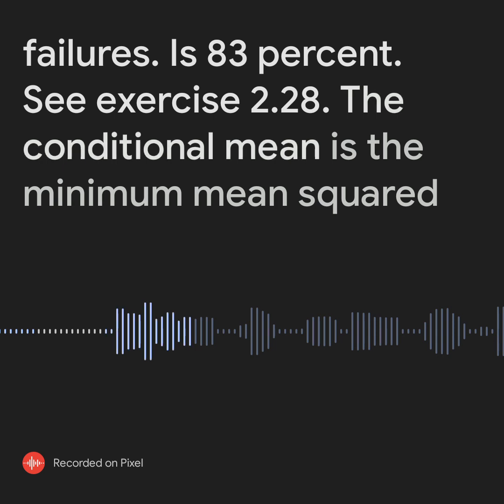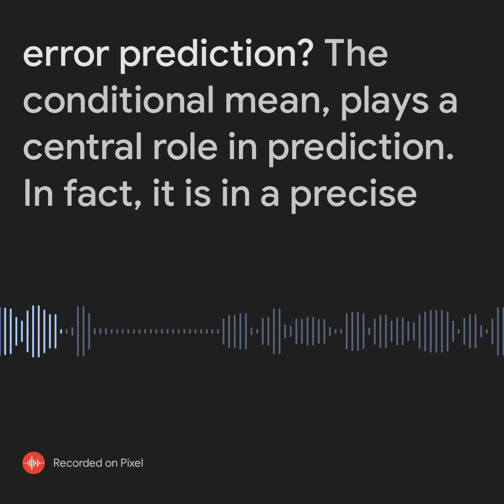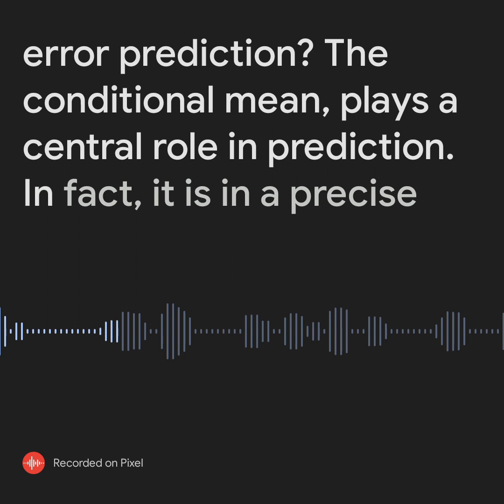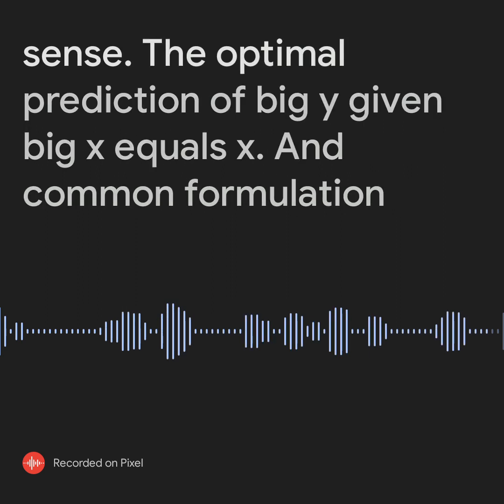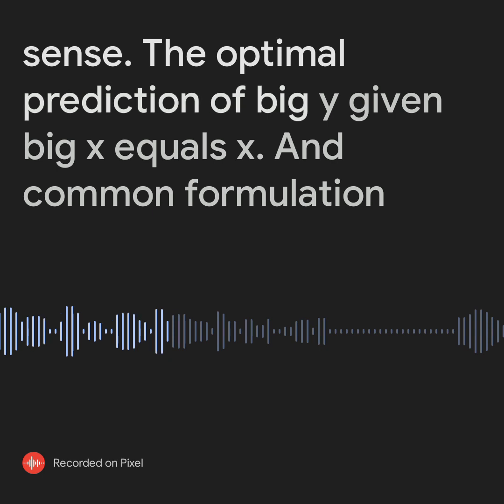The conditional mean is the minimum mean squared error prediction. The conditional mean plays a central role in prediction. In fact, it is, in a precise sense, the optimal prediction of big Y given big X equals x.